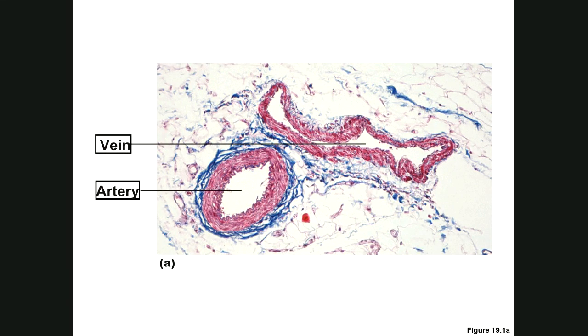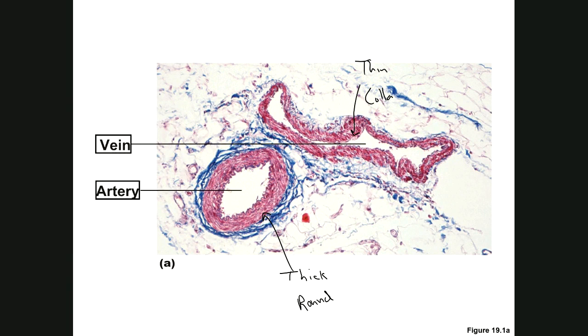But notice something else here. An artery, because the walls are thick, if you take the blood out of them, they tend to stay round. Their walls are strong enough that they don't collapse. But look at the vein. The vein is so thin that if you take the blood out, relieve the pressure, veins tend to collapse.